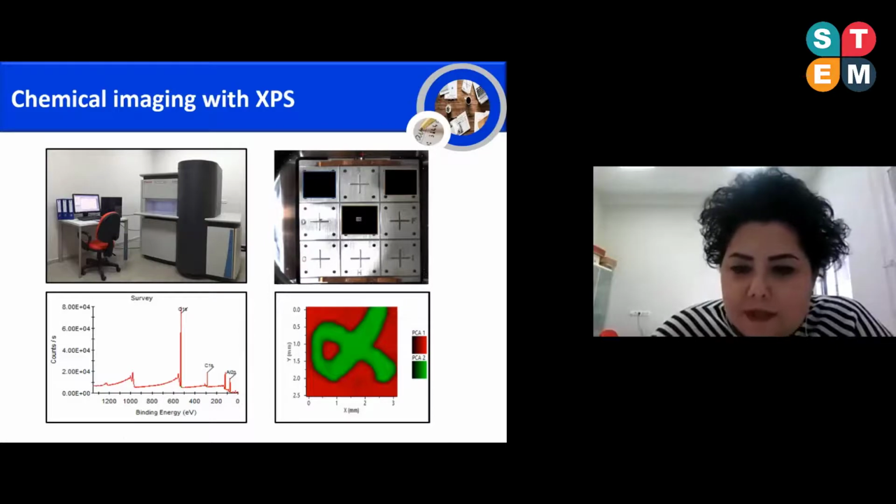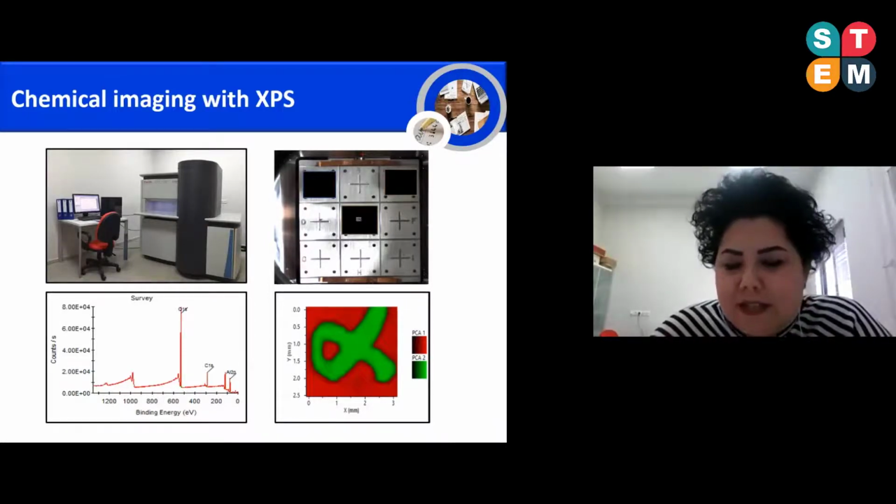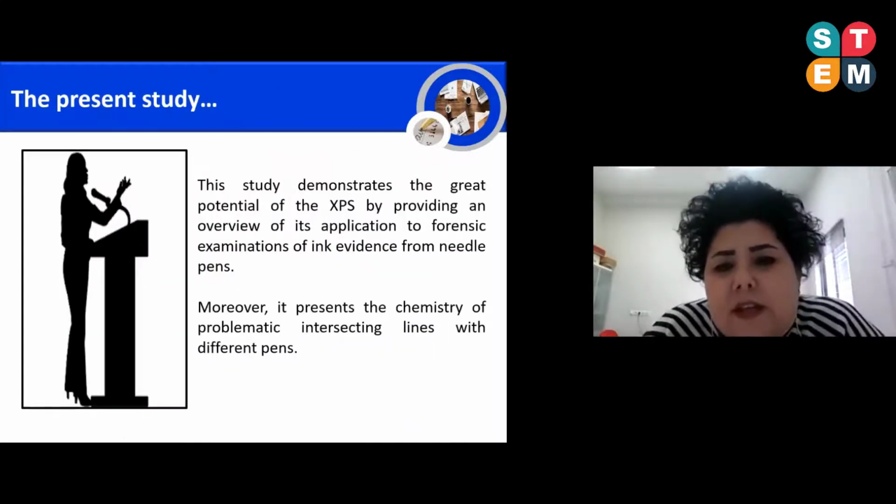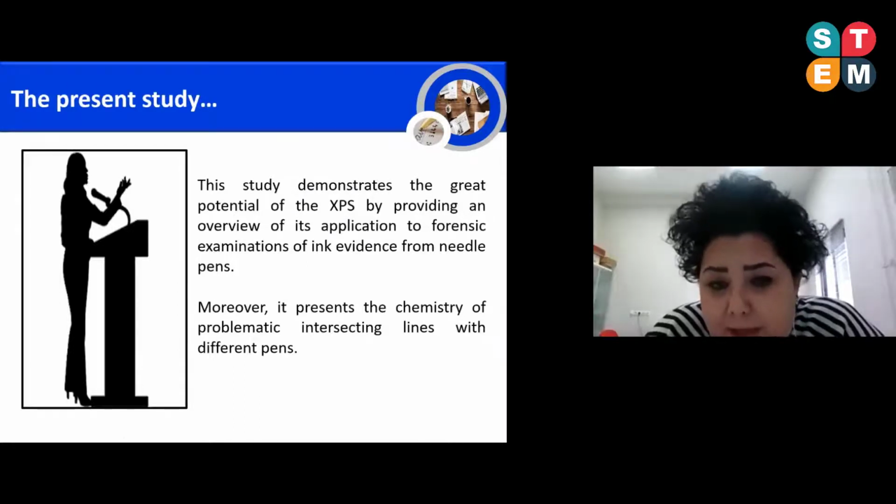Basically, this is principal component analysis application using XPS in the image. This is a very preliminary and pilot study, and it demonstrates the great potential of XPS by providing an overview of its application to forensic examinations of ink evidence from needle pens.